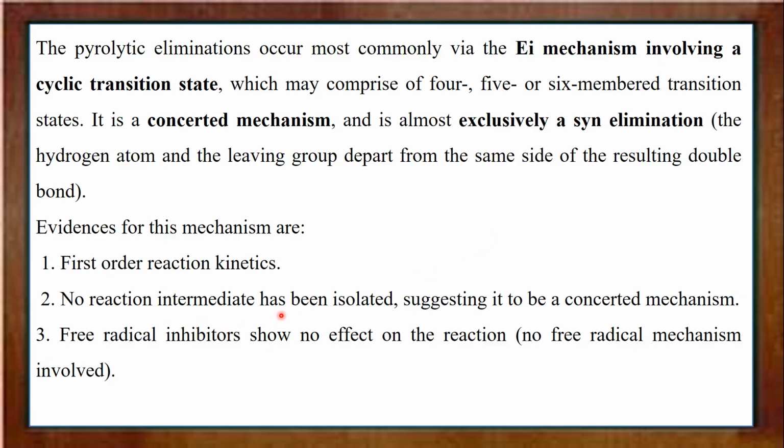Therefore, no intermediate has been isolated so far, which suggests the reactions are undergoing elimination through concerted mechanism. And in all these reactions, the free radical inhibitors show no effect. That means all these elimination reactions are not going through a free radical mechanism.